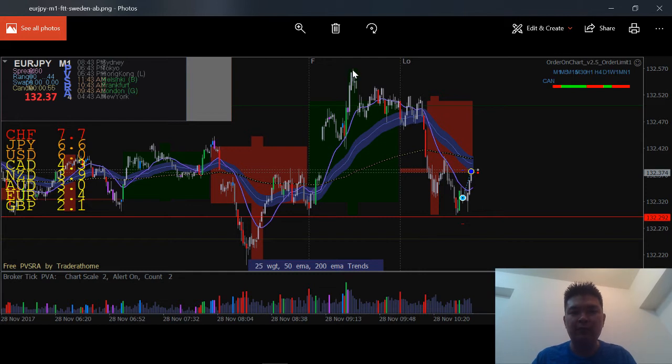What happens from here? It goes to a kind of consolidation area here. After that, it breaks this consolidation area and goes down. Then there is a small retrace and it goes down, another small retrace.